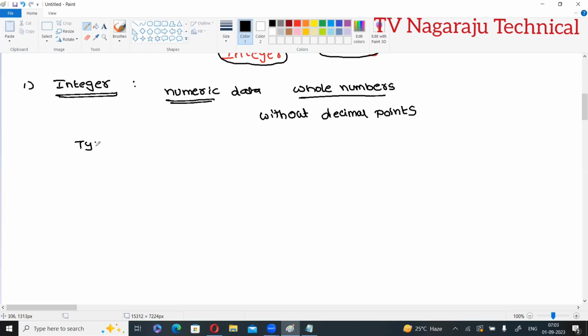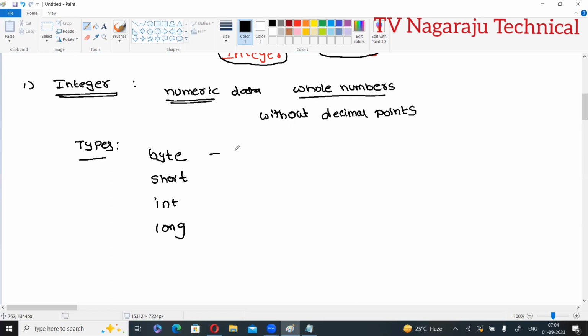Now, what are the different types that come under integer? The different data types that come under integer are byte, short, int, long. The data types vary based on the type and based on the size.